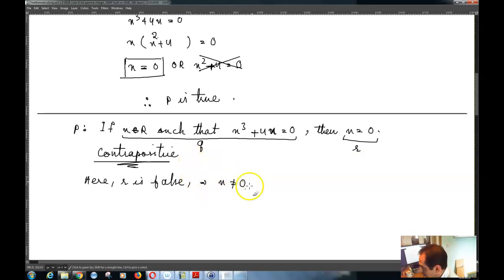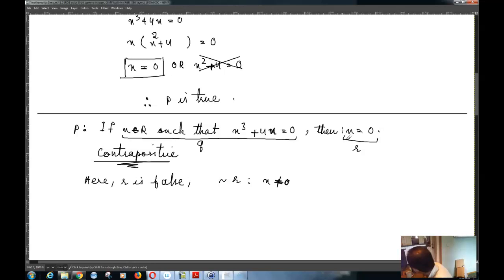That is, if you write not R, that would be some statement like x is not equal to 0.